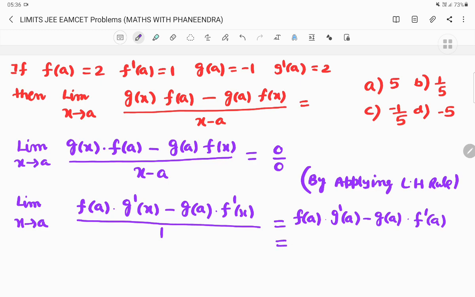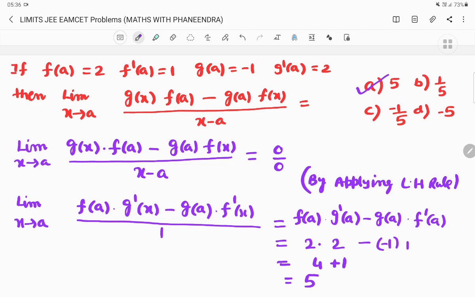So which is equal to f of a value 2, g dash of a value is 2, minus g of a value is minus 1, f dash of a value is 1. So 2 into 2, 4, minus of minus 1 plus 1, which is equal to 5. So 5 is there in the option A. I hope you understand that.